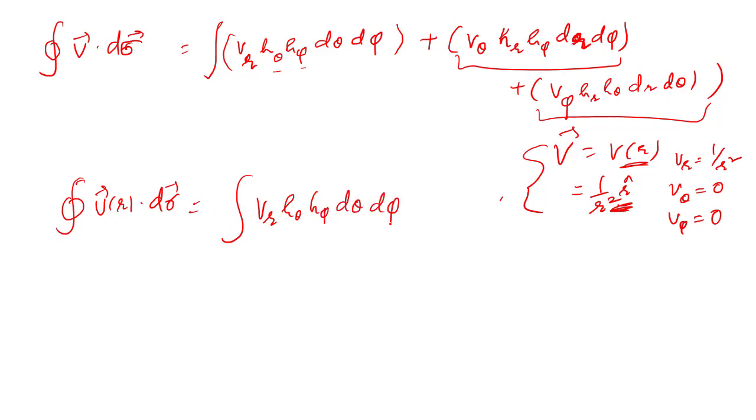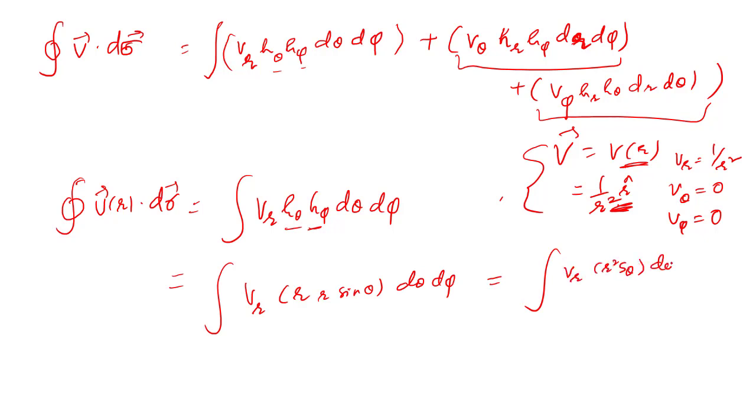And we have determined what these are: h theta is r and h phi is r sine theta. So then this surface integral would be VR r squared sine theta d theta d phi, right?